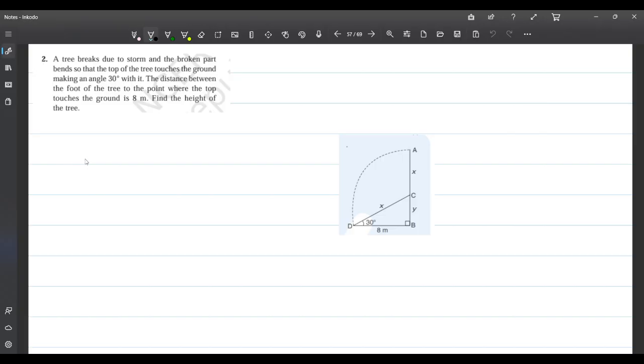So let the height of the tree before the storm be AB. Due to the storm it breaks from C such that its top A touches the ground at D and makes an angle of 30 degrees.